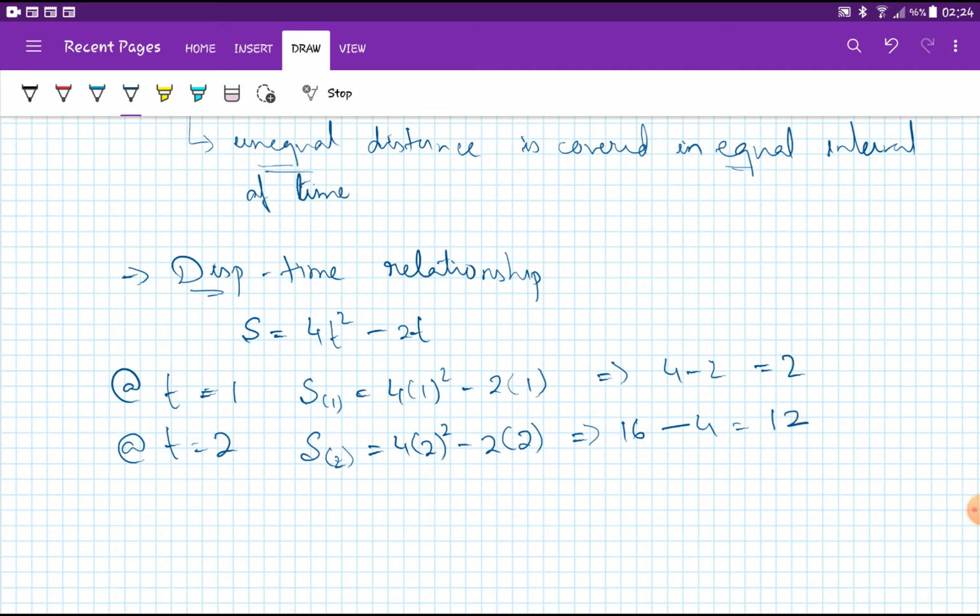So now you have seen that at equal interval of time there is unequal covering of distance.